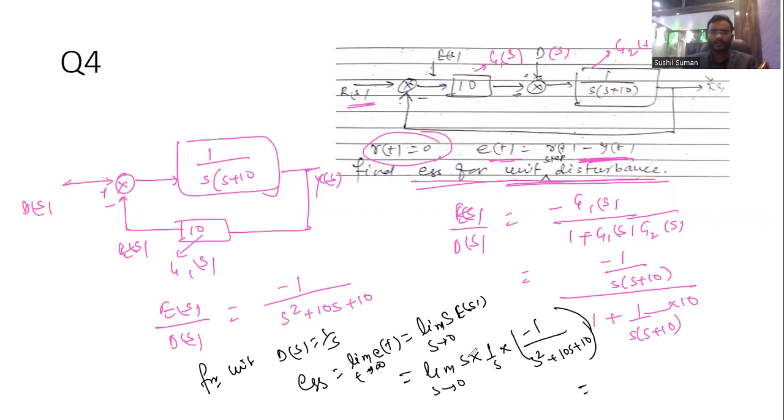After solving, you will get minus 0.1. So the answer is minus 0.1. The s cancels out, just put s tending to 0. Got it? So for a unit step disturbance, the steady state error becomes minus 0.1. Got it? This is your E(s) upon R(s) value. Got it?